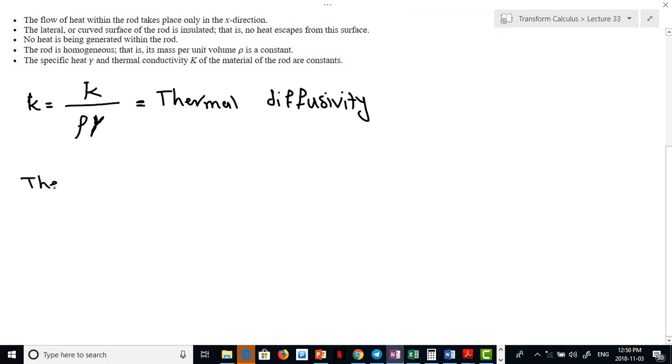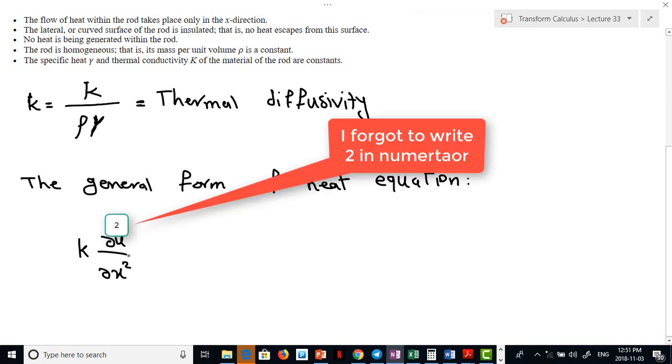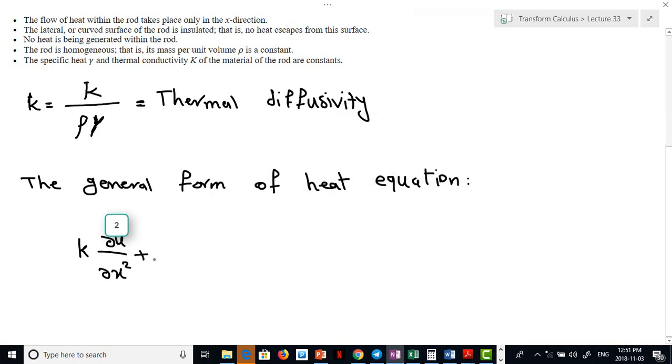The general form of the heat equation: we have k, which is the thermal diffusivity, times the second derivative of u with respect to x, plus F, which is a function of x, t, u and u_x. I will define all these parameters later.